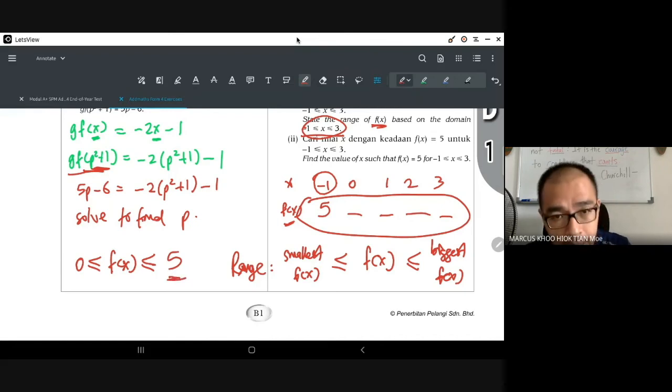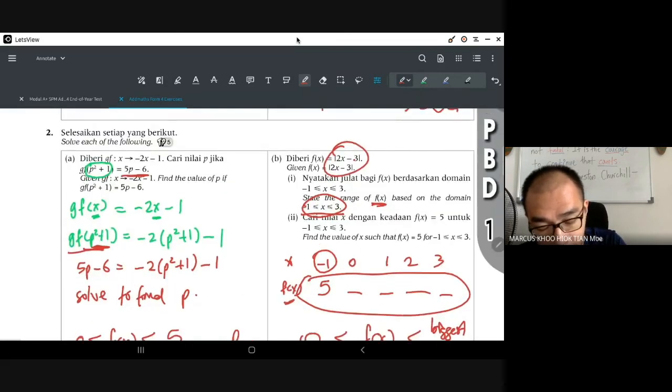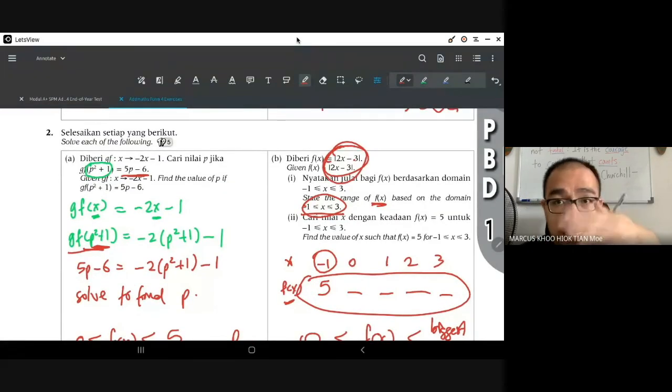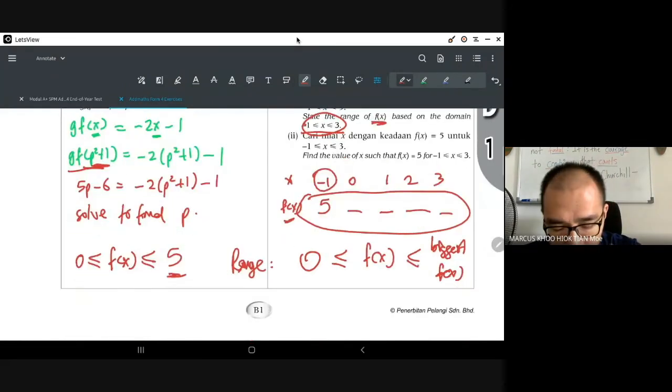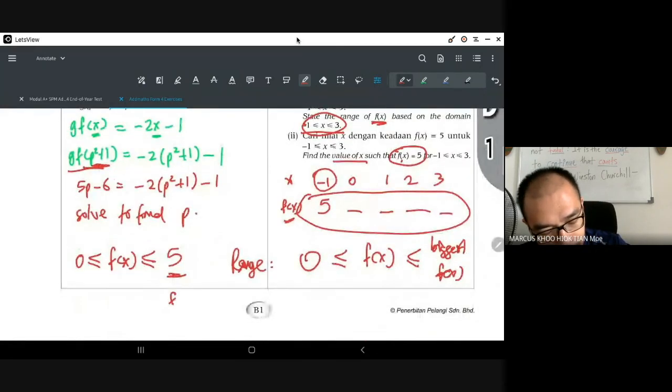Hold on, let me see. Sorry, smallest number should be 0. You know why? Because modulus. Modulus means there's nothing that is less than 0. The smallest number is 0, no negative number. Now find the value of x such that f(x) equals 5. That means modulus of 2x minus 3 equals 5.